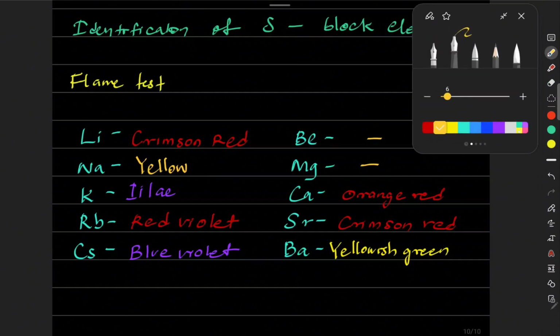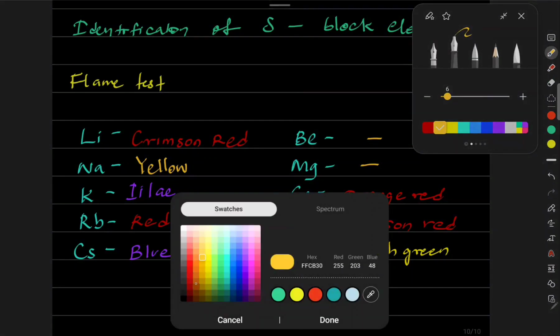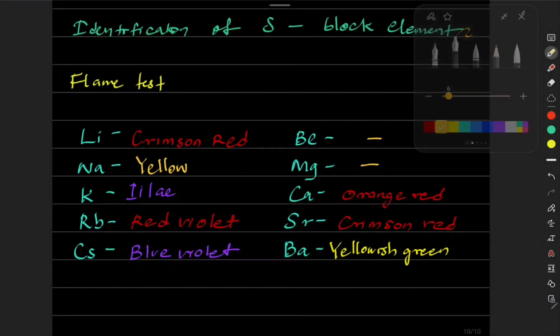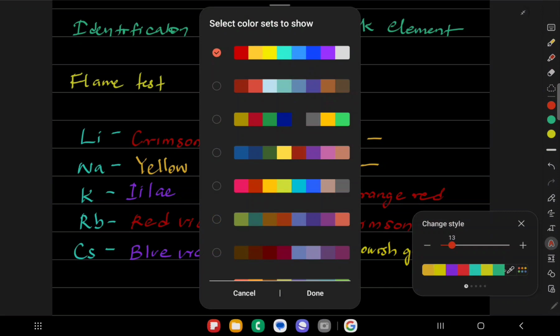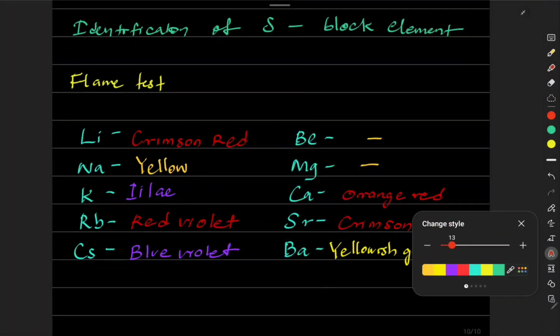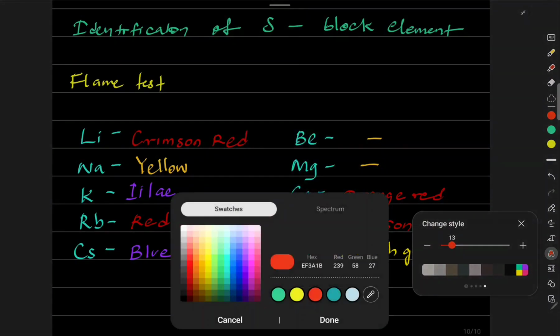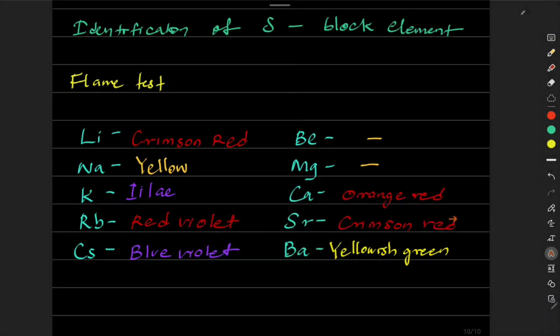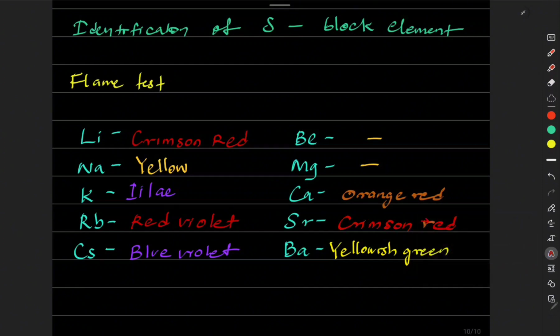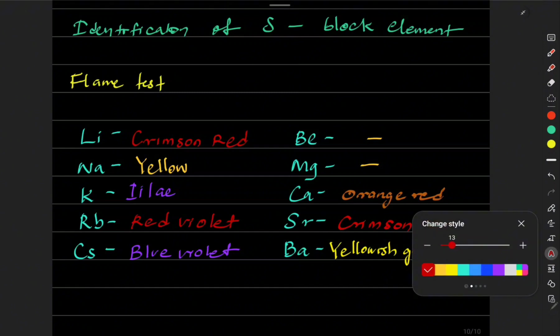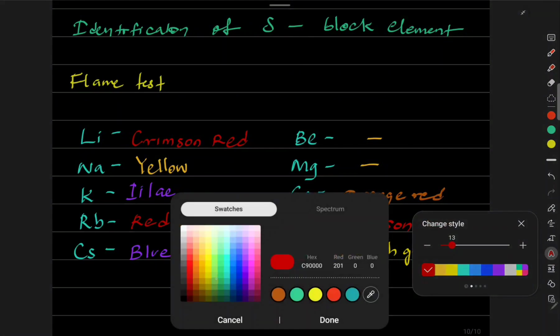Mark the colors, okay. This is orange red. This is crimson red, and we'll check for the yellowish green.